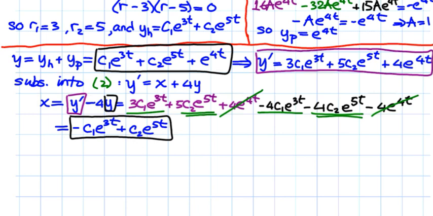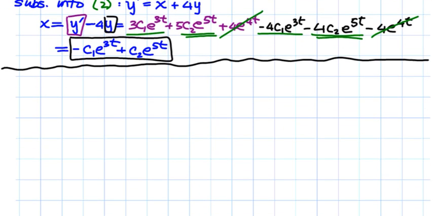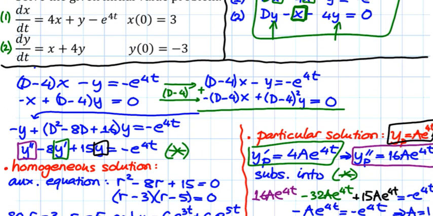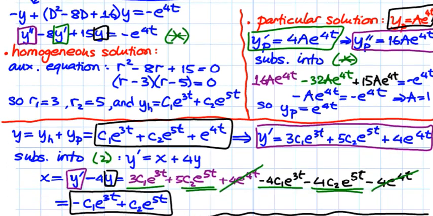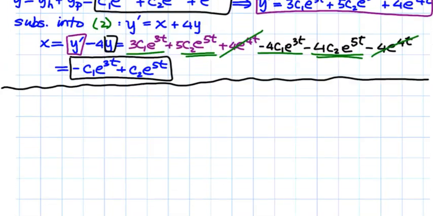Next, we will solve for the coefficients c1, c2 to solve the initial value problem. We have x(0) equal to 3, y(0) equal to negative 3.